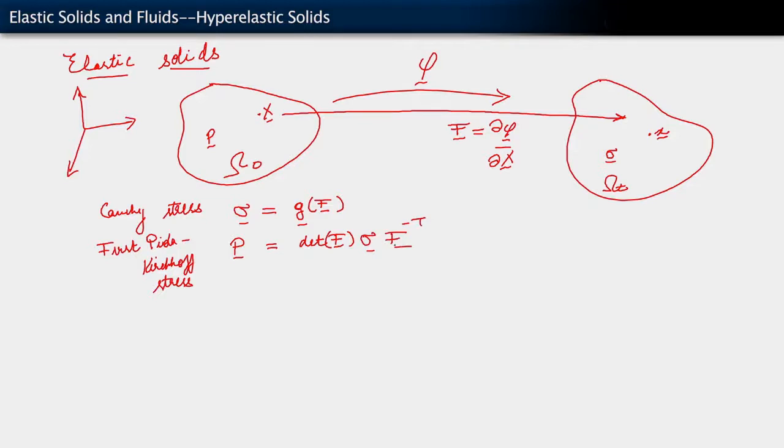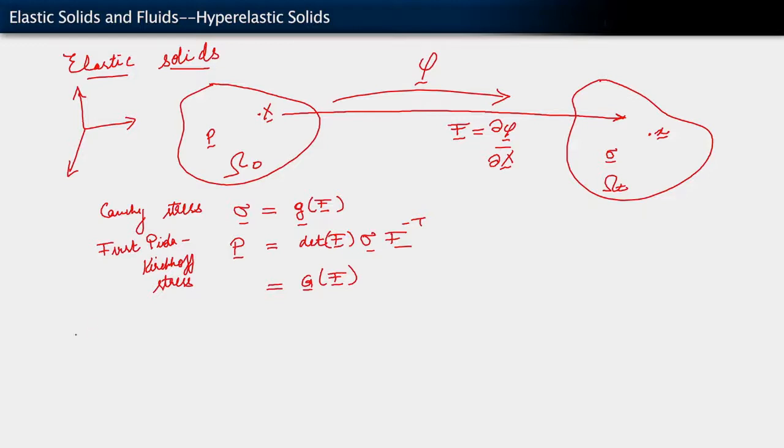Okay, and given what we want to know about sigma, we are making sigma a function of the deformation gradient. It follows that P also can be written as some tensor function of the deformation gradient. All right? So this sort of dependence, when the stress depends upon the deformation gradient, is a very primitive notion of an elastic solid.